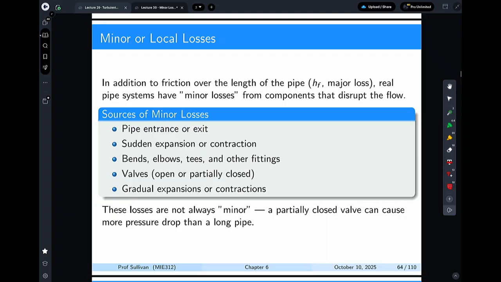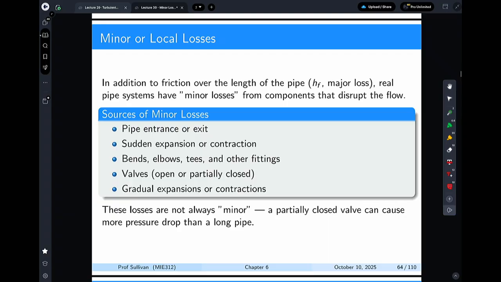So in addition to friction over the length of the pipe, and this is what we've always dealt with, were major losses. So we will call them major losses. But in addition, real pipes have minor losses. They come from things like pipe entrances, sudden expansions or contractions, bends, elbows, T's, other fittings, valves, gradual expansions or contractions.